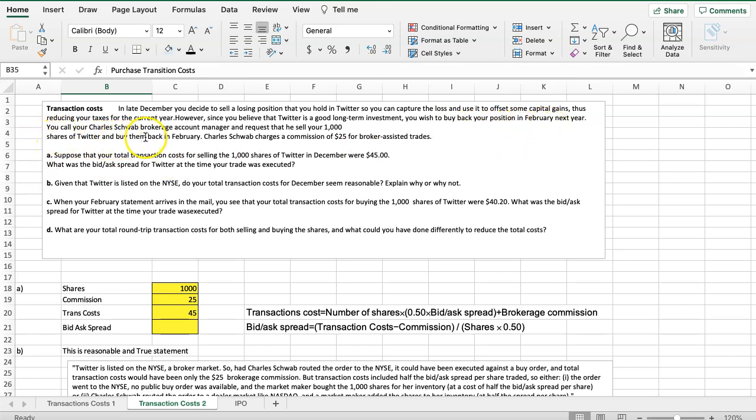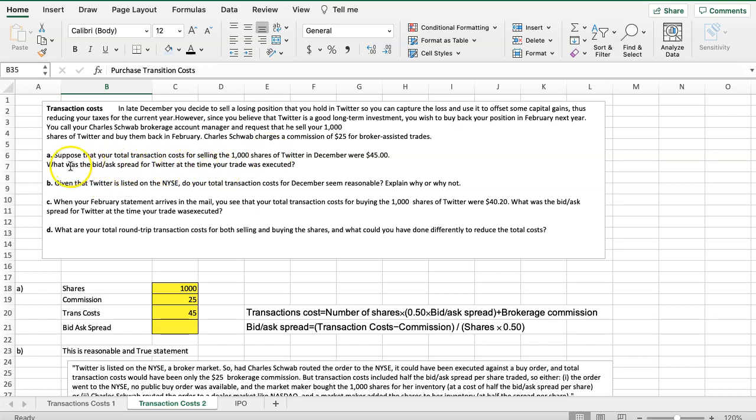You call your Charles Schwab brokerage account manager to request that it sell 1,000 shares of Twitter, and then you're going to buy them back in February. And Charles Schwab charges commissions of $25 as broker-assisted trades. So suppose your total transaction costs for selling 1,000 shares are $45. What is the bid-ask spread for Twitter at the time of the execution?